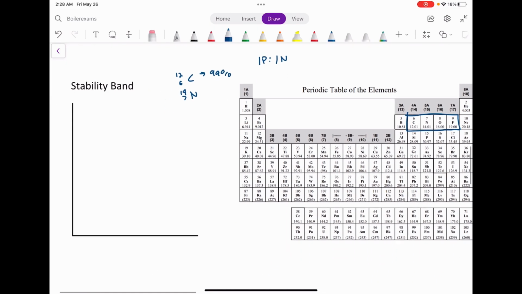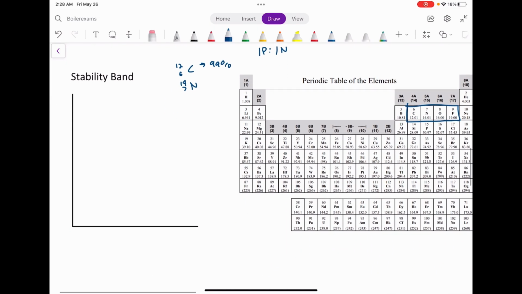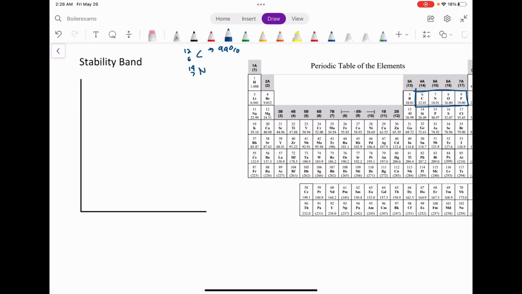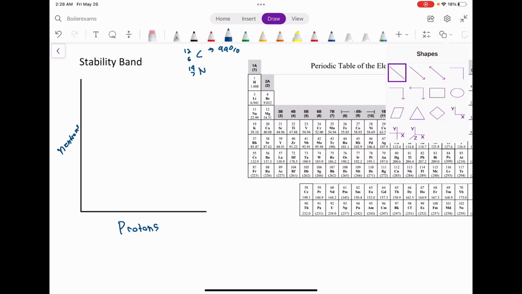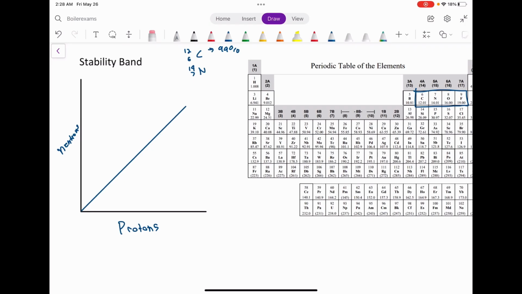So we would theorize that these 1-to-1 ratios of neutrons to protons are really stable. So if we plotted protons versus neutrons, we might expect a perfect 1-to-1 line.